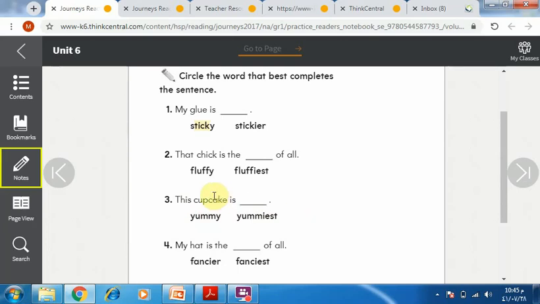No. Am I comparing this cupcake to all the cupcakes? No, I didn't write of all here. So the answer is yummy. This cupcake is yummy. You're not gonna choose yummiest. Maybe if I write the here, maybe it's gonna be yummiest. But I don't have the. This cupcake is yummy. That's just an adjective for the cupcake. Yummy.